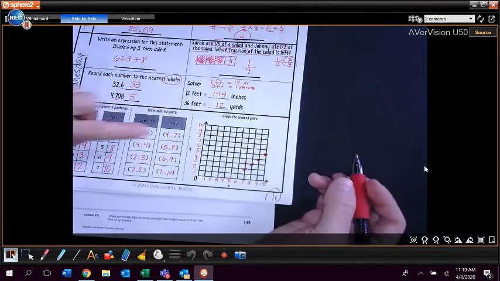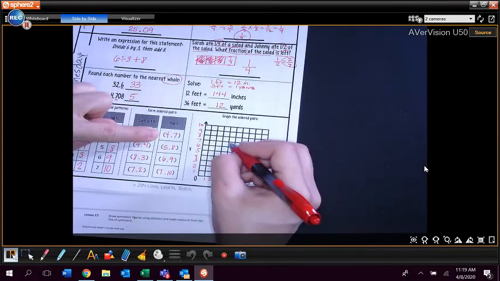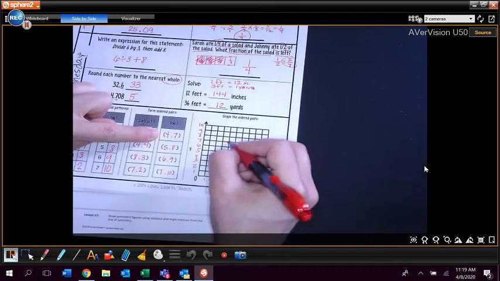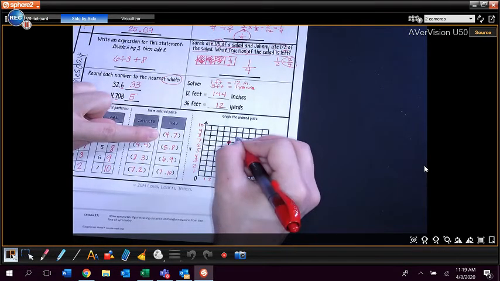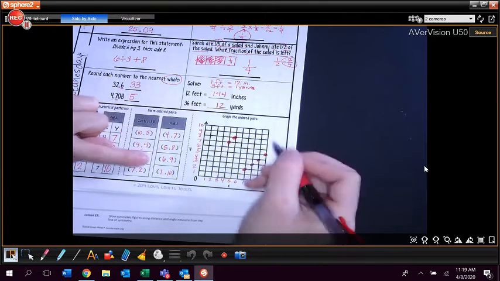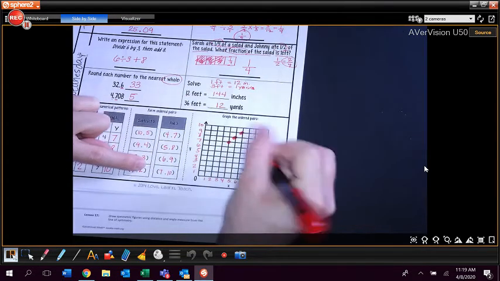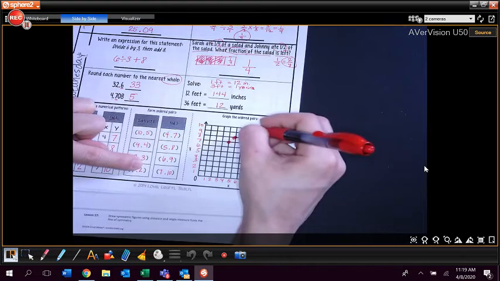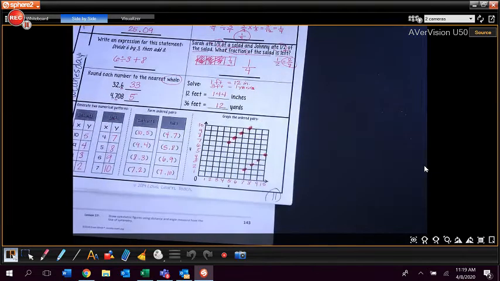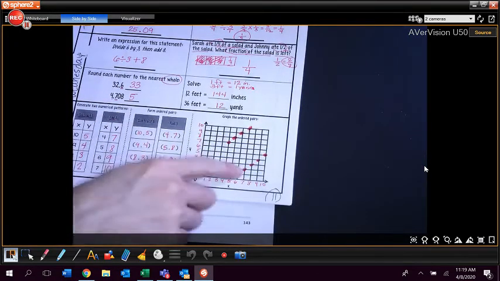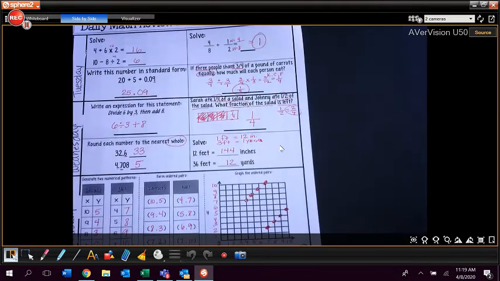Our next one is 4 and 7, 5 and 8, 6 and 9, 7 and 10. So your ordered pairs should have looked like that on your graph. So that was our do now for week 3, boys and girls.